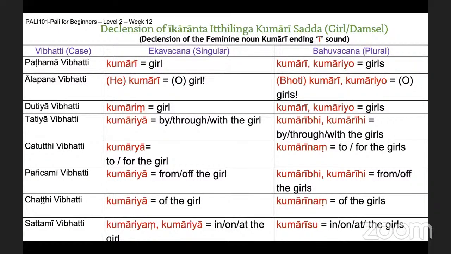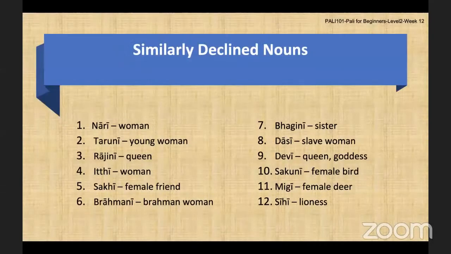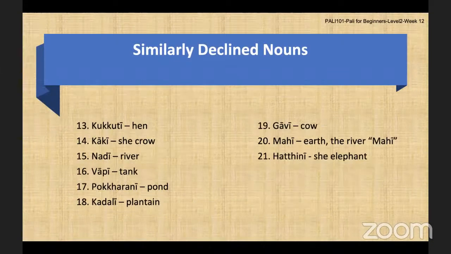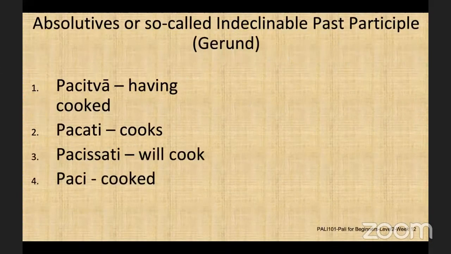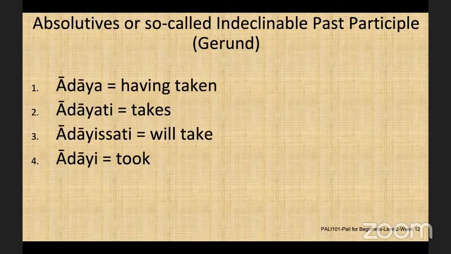So this is the noun we learned before, right? Kumari, Kumari, Kumario, He Kumari, Bhoti Kumari, Kumario, Kumaring, Kumari, Kumario, Kumaria, Kumari, Bhi Kumari Hi, Kumaria, Kumari Nang, Kumariang, Kumaria, Kumari Su. And then we had these similarly declined nouns.